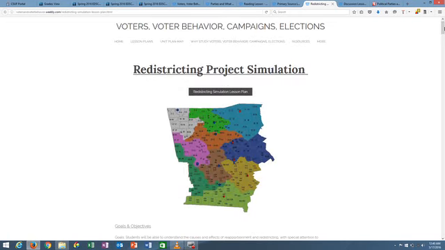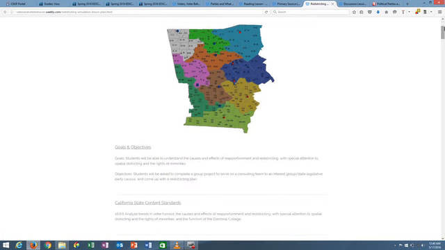If you would actually be doing a redistricting plan in real life, let's say not at this level, it's talking about a state legislative party caucus, but let's say you're just doing a redistricting plan for a city.